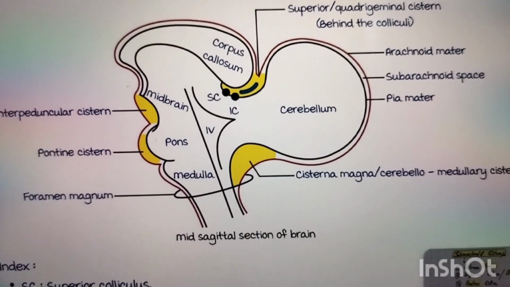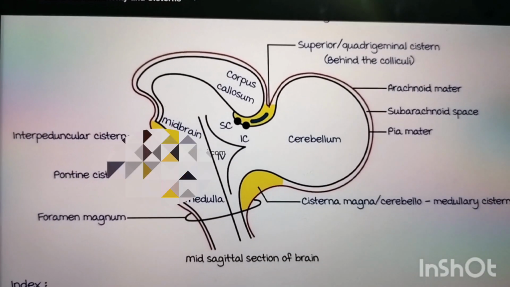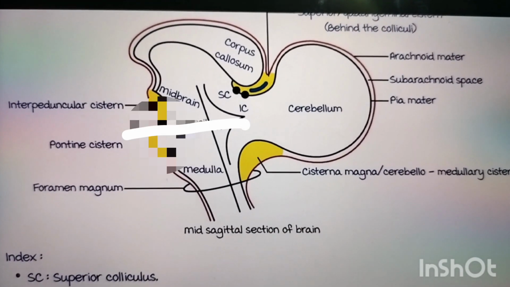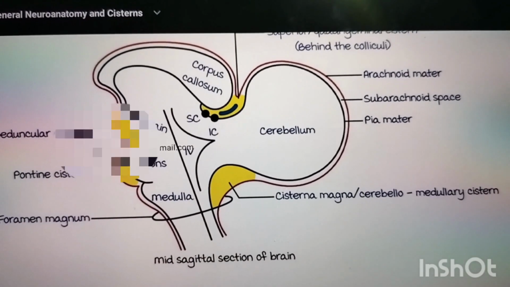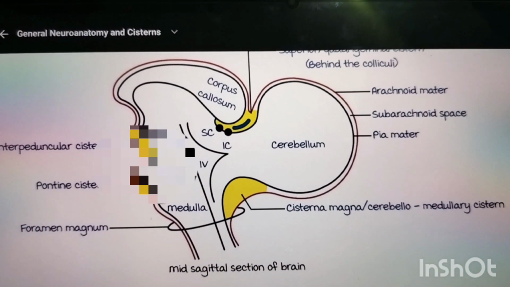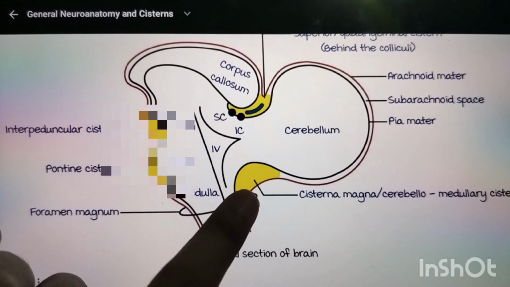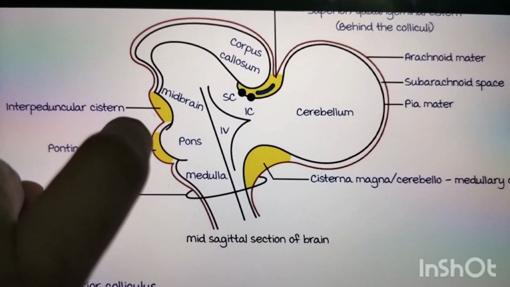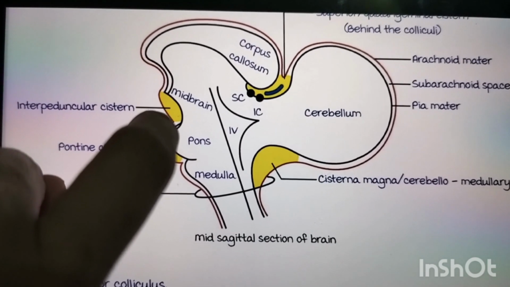So we are seeing the mid-sagittal section of the brain. Listen, what is the component of cisterna magna or cerebellomedullary cistern? You know that two vertebral arteries combine to form the basilar artery. The vertebral artery enters from here, crosses from here, and connects to the vertebral artery of the other side to form the basilar artery.